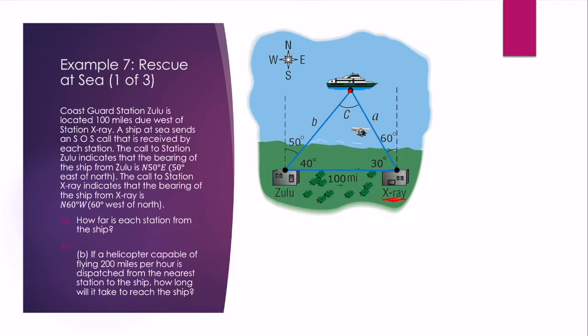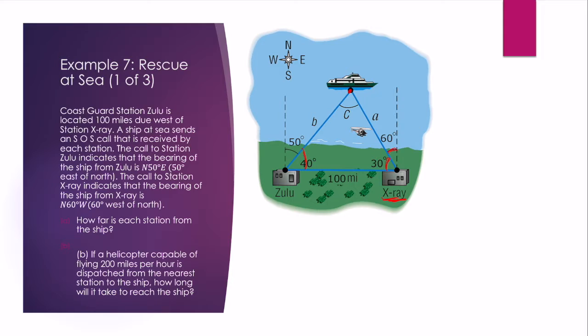The call to Station Zulu indicates that the bearing of the ship from Zulu is north 50 degrees east. So that's 50 degrees east of north, right? Meaning this angle would be 40 degrees. The call to Station X-Ray indicates that the bearing of the ship is north 60 degrees west. That means 60 degrees west of north, making this angle 30 degrees because that's a right angle.